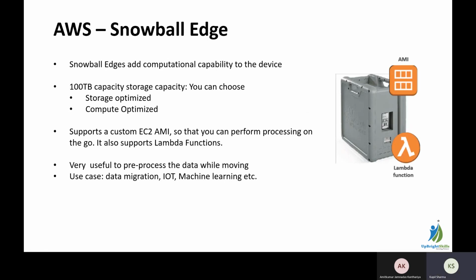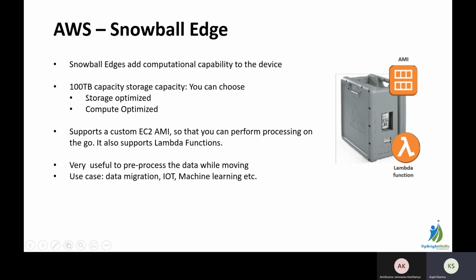Then there is one more device called AWS Snowball Edge. Edge is the same device, but with a feature called computing capacity. While your data is being transferred, you can have some kind of computation running on that device. It is a physical computer with CPU, RAM, and storage capacity. Snowball Edge adds computational capability to the device.